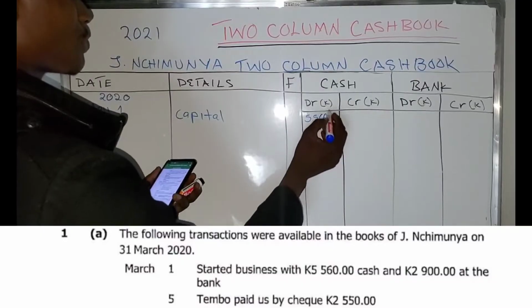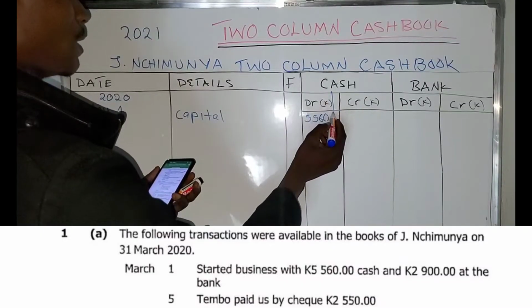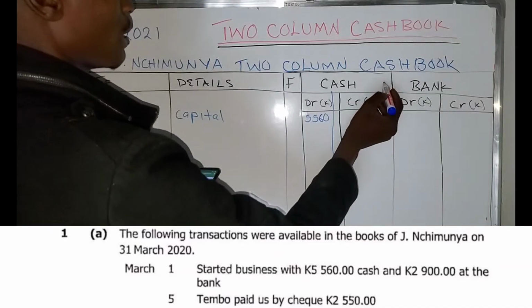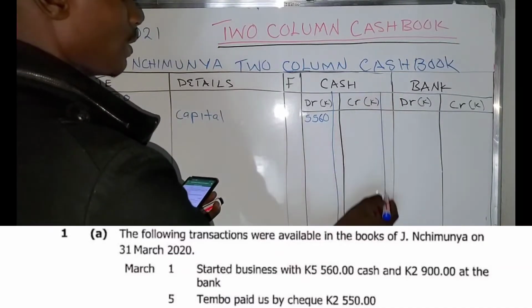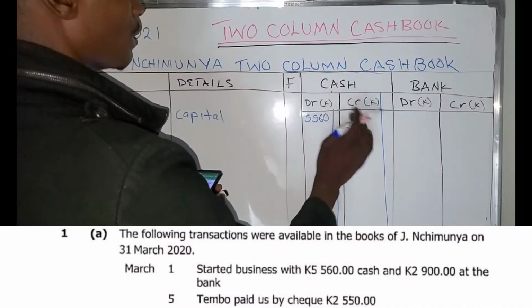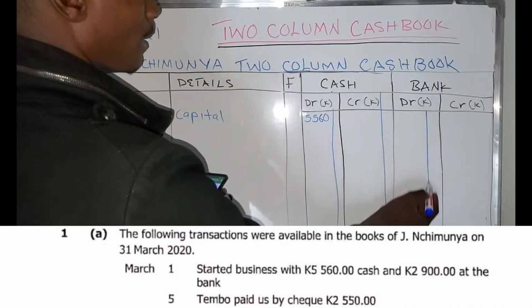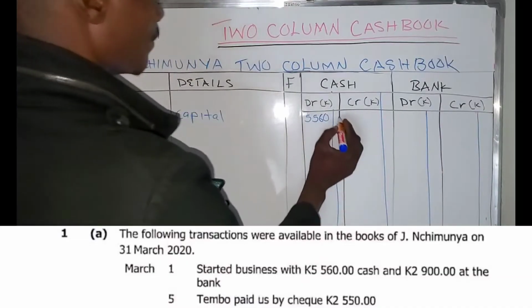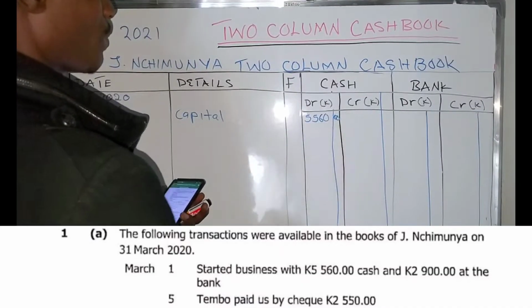Then you have 00 ngwe, so you can add another column for ngwe, like this. So we're going to write here 00 ngwe.